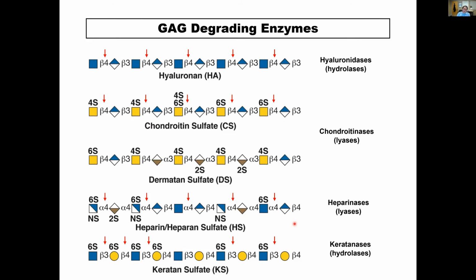And another tool that can be used for this as well, I didn't prepare a slide for it, but I wanted to mention it: because most of these GAGs are highly sulfated, you can actually feed cells a radiolabeled sulfate. For instance, sulfur-35 sulfate is commercially available, and you can feed that to the cells, and they will actually incorporate radioactive sulfur into their GAG chains.